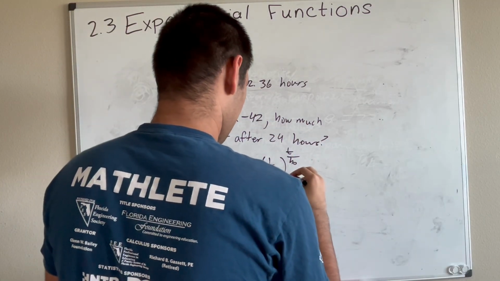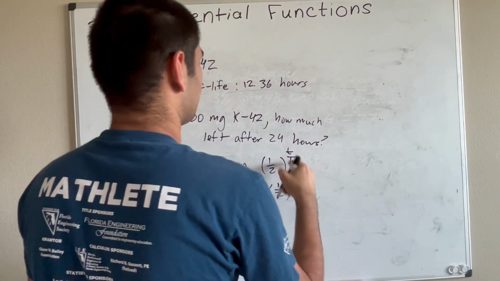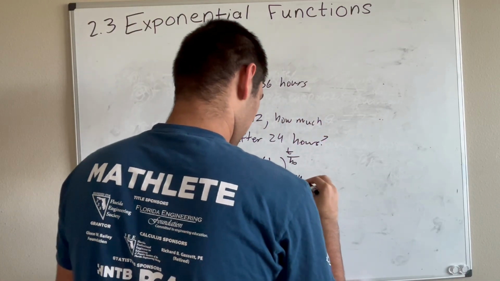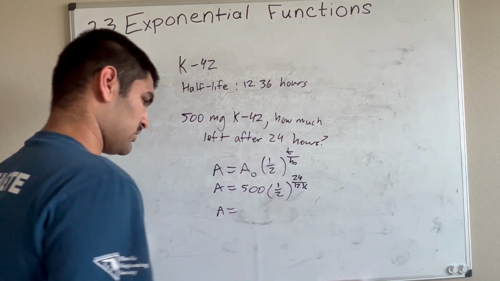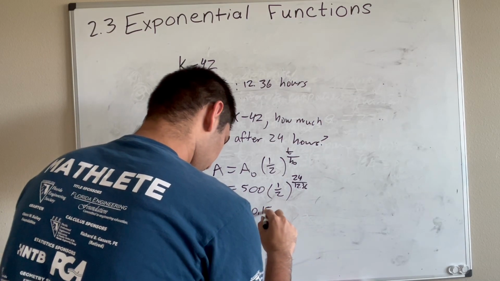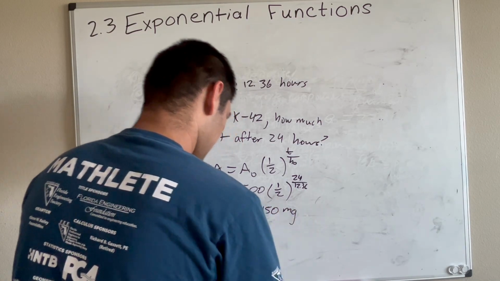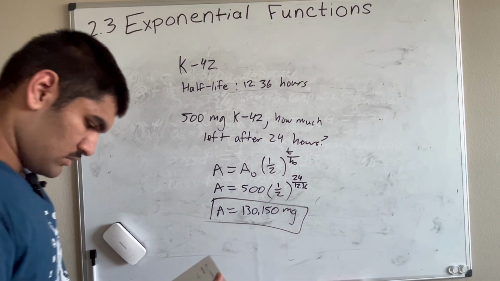And then T is just your variable, so it's after 24 hours. And then H naught is your half-life, so 12.36 hours. So 24 over 12.36. And if you were to put this into a calculator, you would get 130.150 milligrams left, right? Alright.